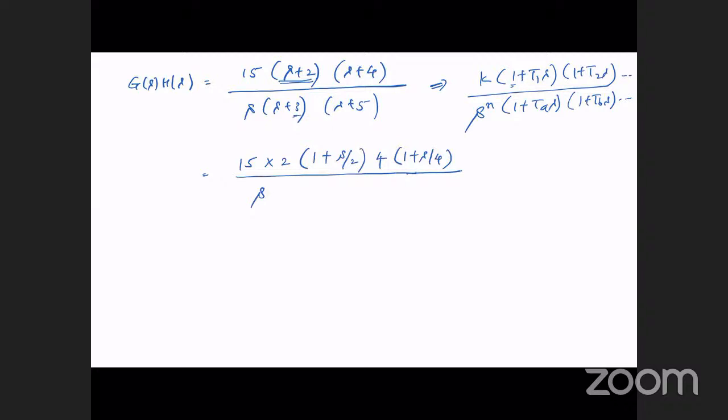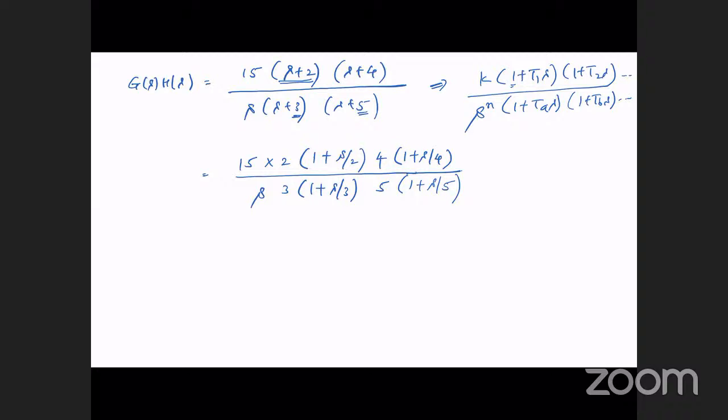Then I'll take 3 common, so as to make it 1 plus sT form. So it is 1 plus s by 3, multiplied by 5 common again, in order to convert this bracket into 1 plus sT form. If I take 5 common, what remains inside is 1 plus s by 5, and so on. I hope everybody has got that.